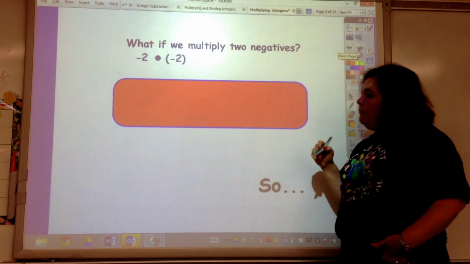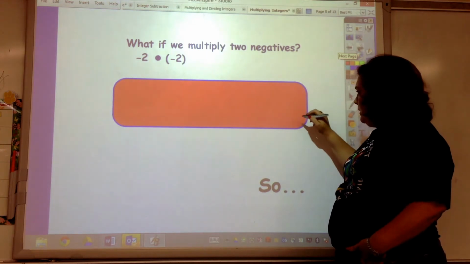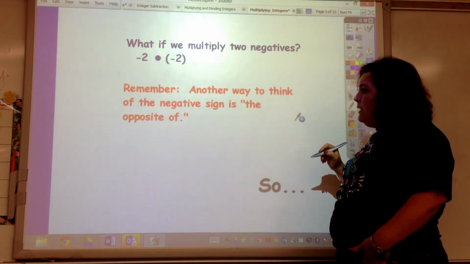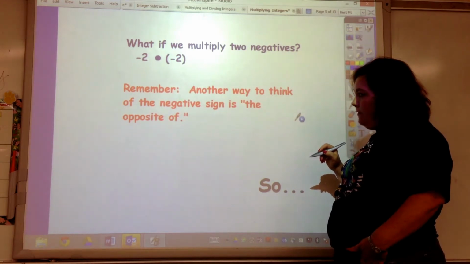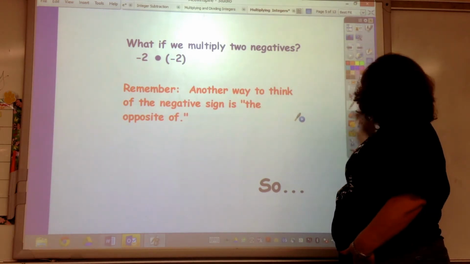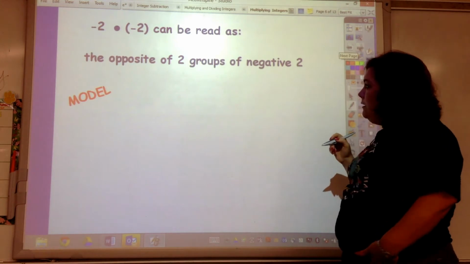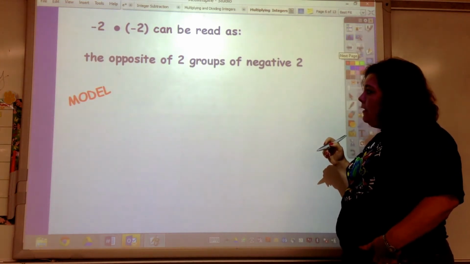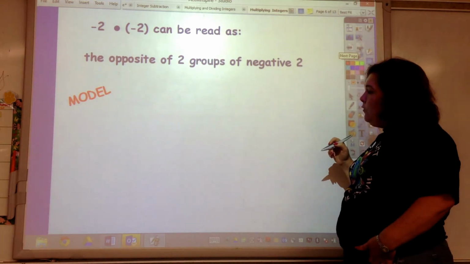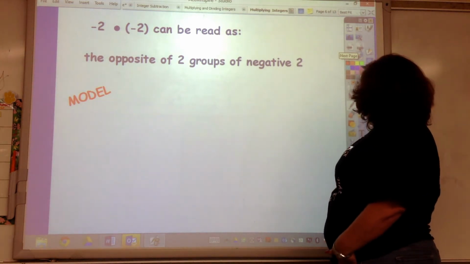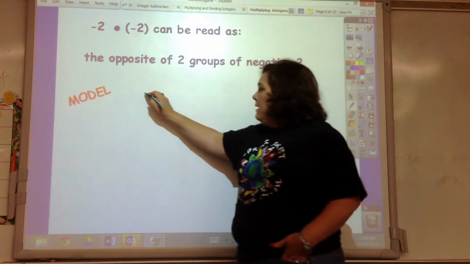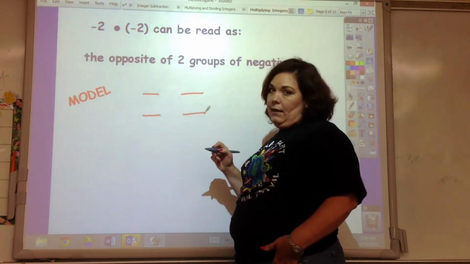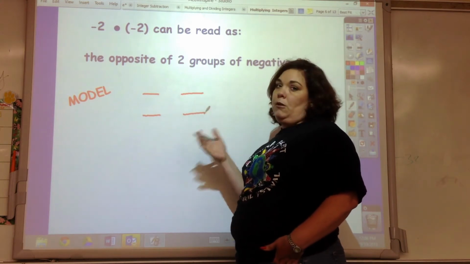So what if we are multiplying 2 negatives? Remember, another way to think of a negative sign is the opposite of. Negative 2 times negative 2 can be read as the opposite of 2 groups of negative 2. So if I have 2 groups of negative 2, that's just 2 times 2 is 4.